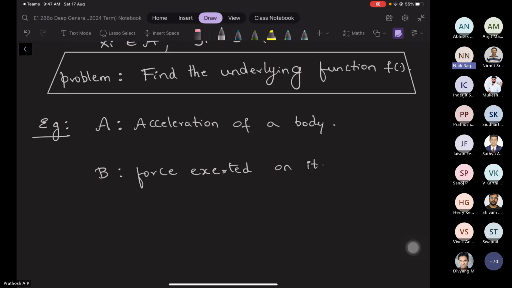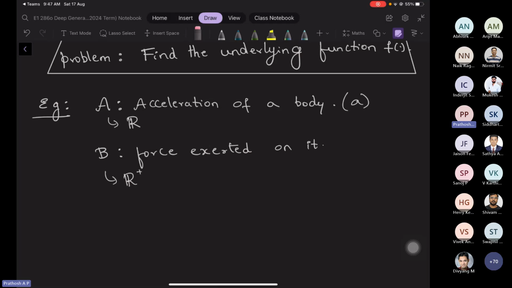Mass into acceleration. Yeah, they are linearly related, right? So if I call the acceleration of a body A, which is a scalar, note that set A here is a set of real numbers, because acceleration can be negative, since it also has a direction. Let's say force can also be negative.